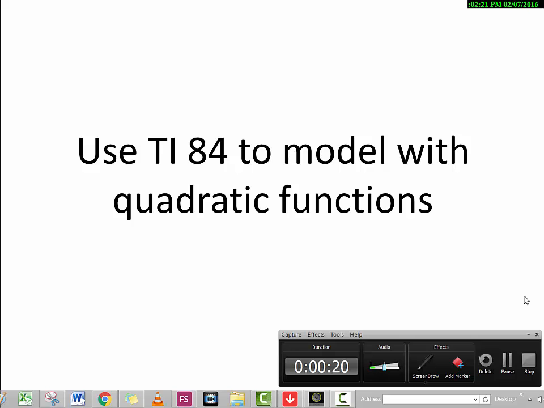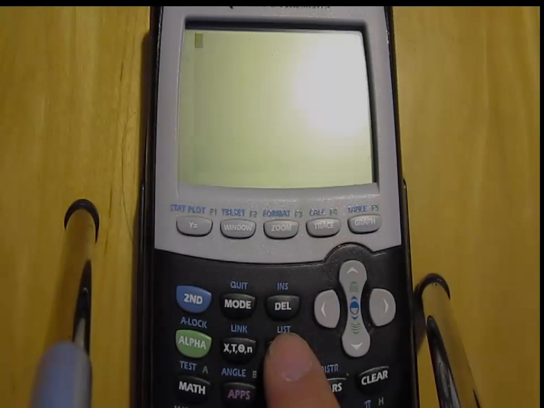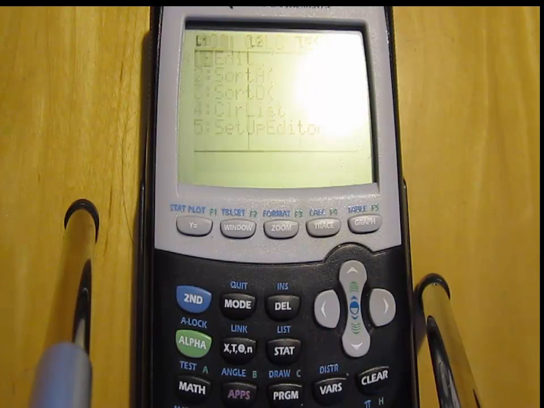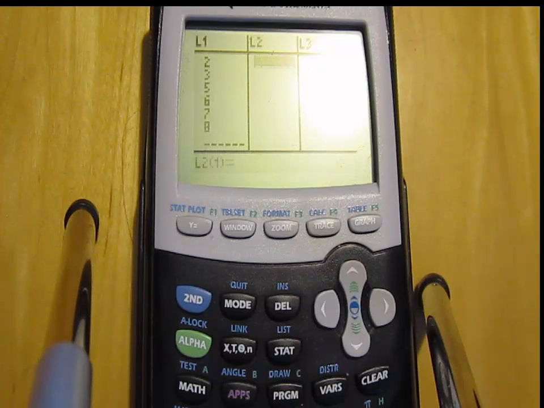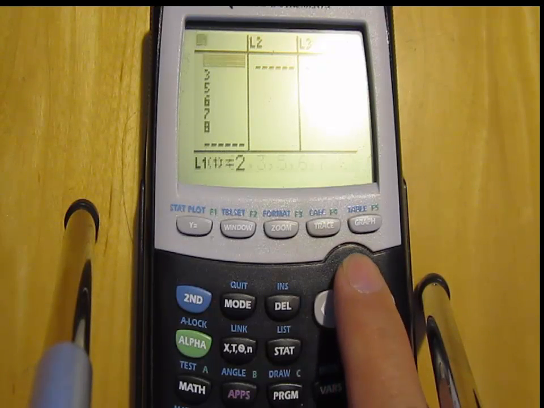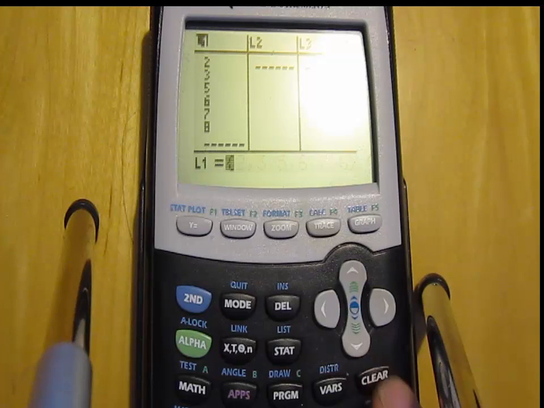In the following clip, I'm going to show you how to use TI-84 to model quadratic functions. Press Stat, select Edit. Then if you have some data there, just clear it out by using the arrow key, clear, enter, and then you can start entering your data.